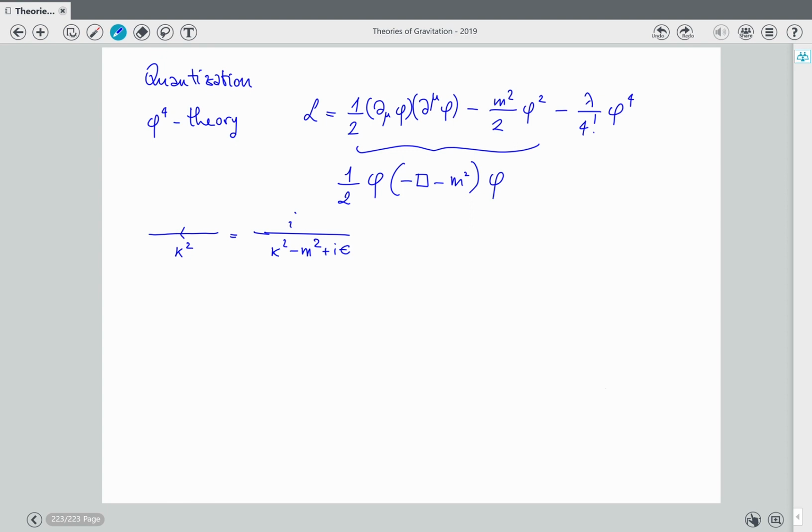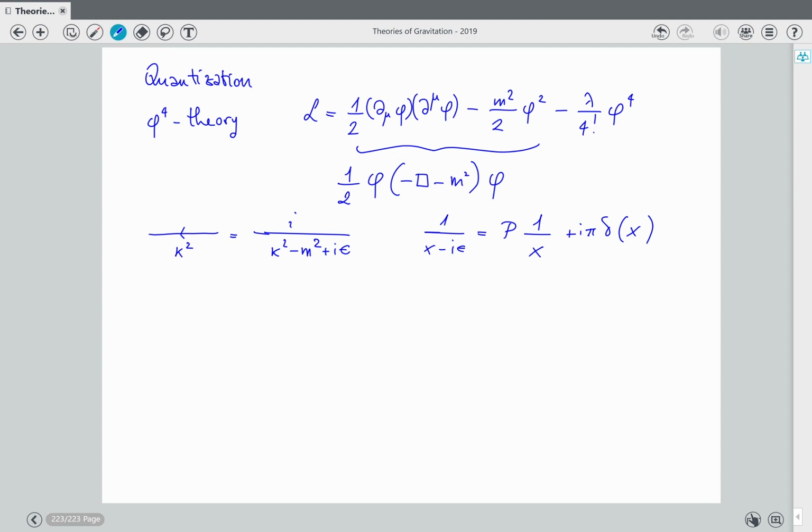Let's remember one property of distributions. 1 divided by x minus i epsilon is equal to the principal value of 1 over x plus i pi delta of x.